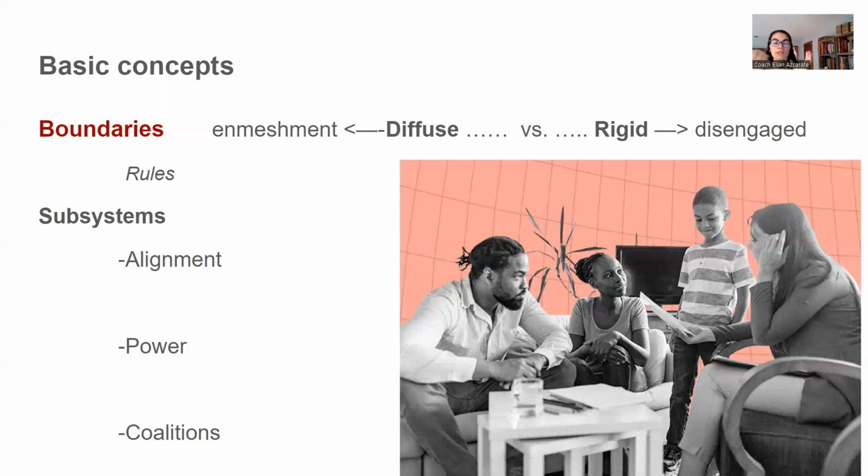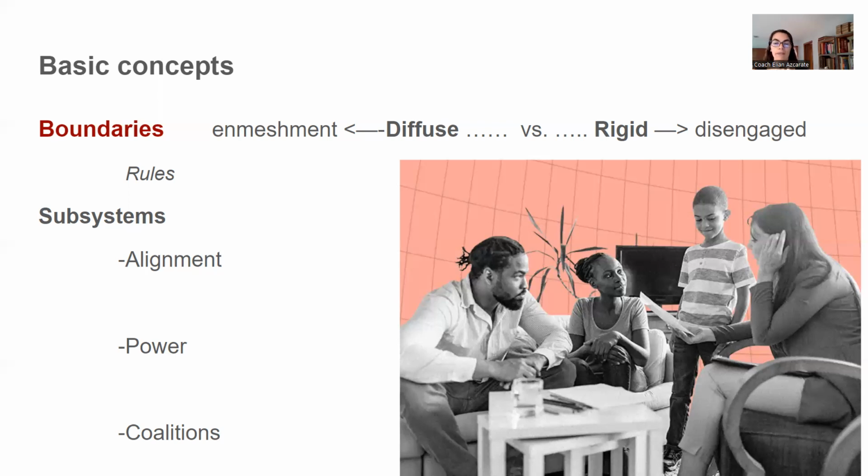And of course, once you think about the boundaries, you have to think: between whom are these boundaries? So then comes the next concept, subsystems. Subsystems are the relationships established between maybe two of the members. It could be between the parents, or between one of the children and the mother, or any alignment, any relationship between just a few members of the family, and it could lead to a power struggle.